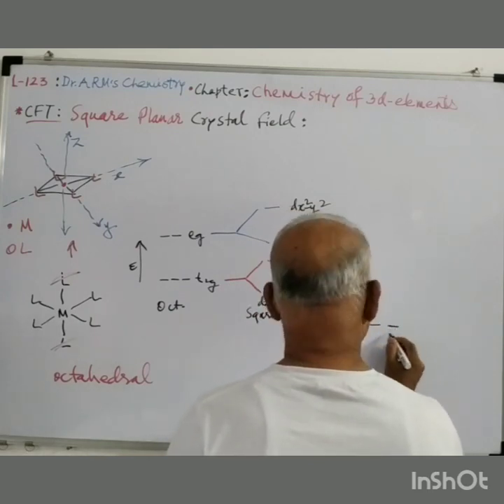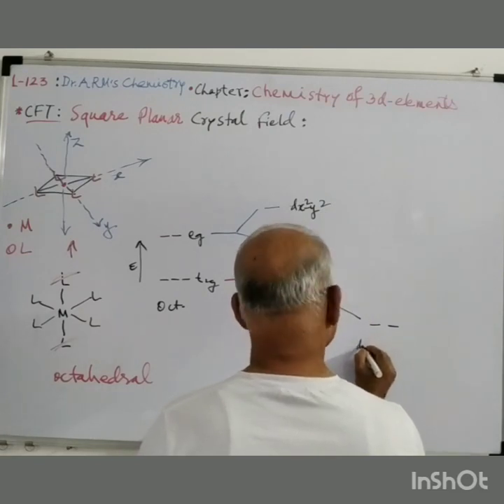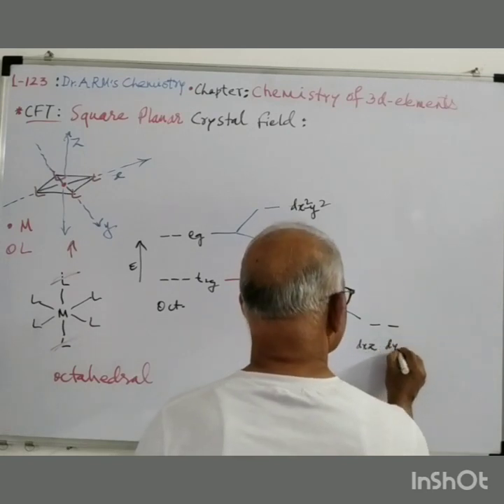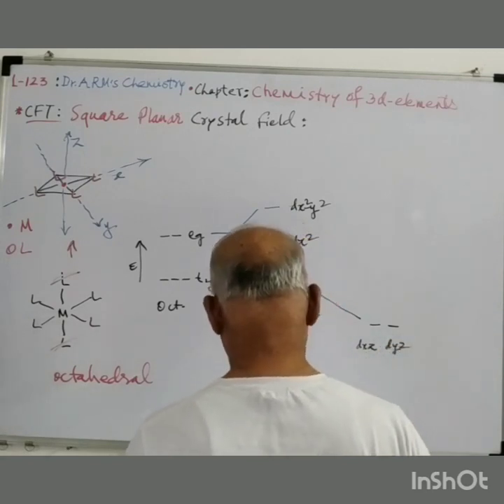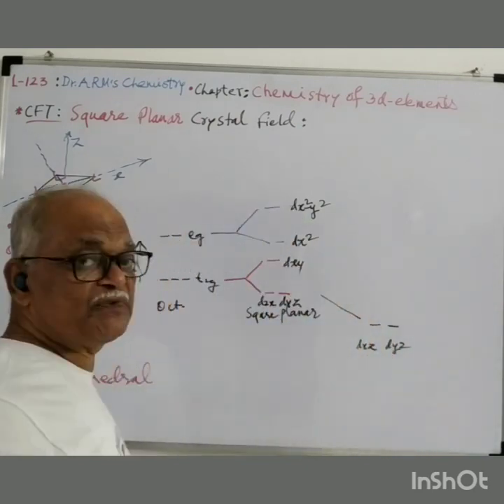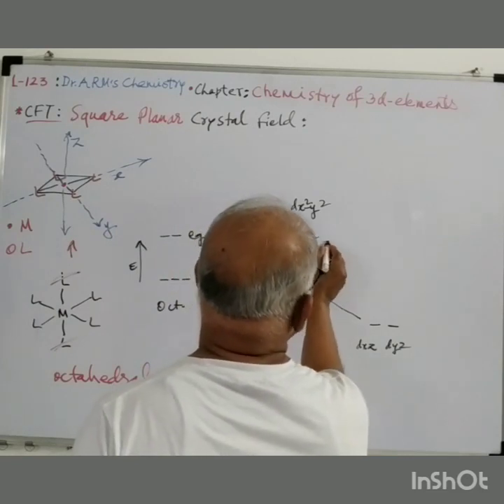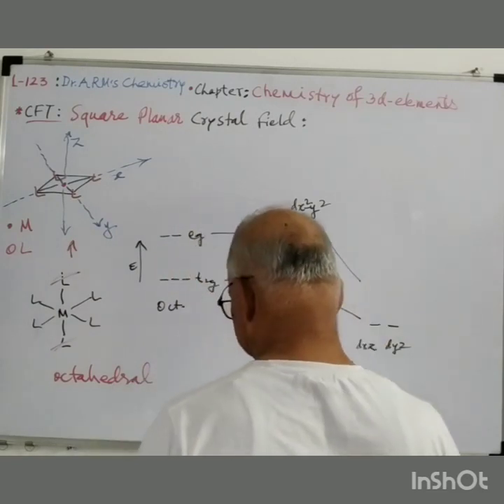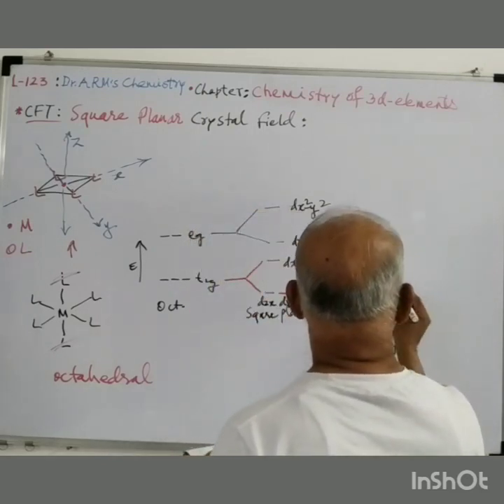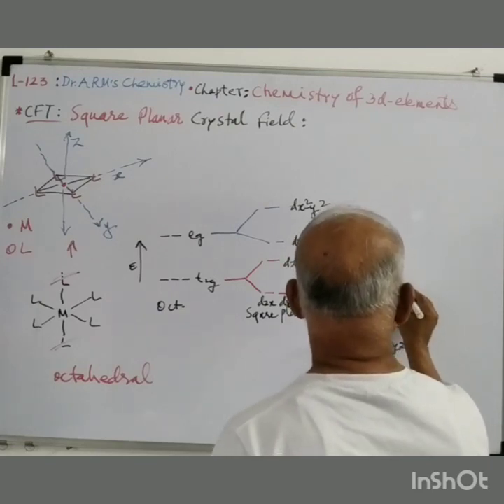The two orbitals dzx and dyz are lying in this way, and dxy as well. Then dz2 is further lowered in energy to a greater extent. So this is dz2.